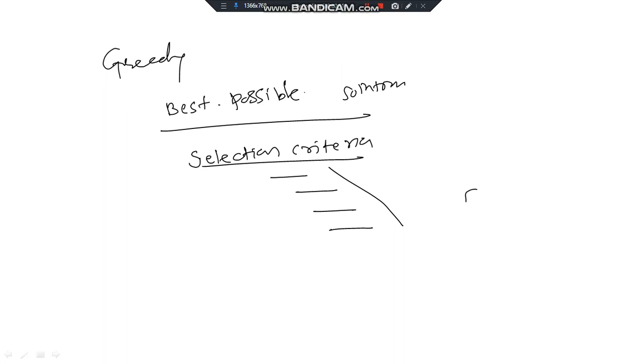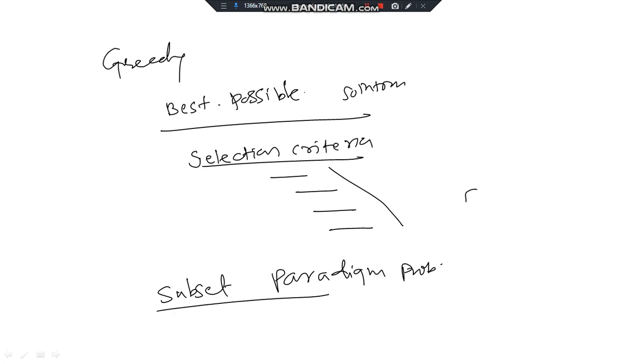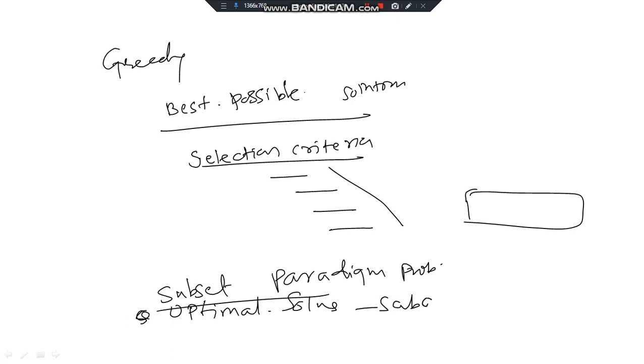Okay. Generally, this greedy method solves subset paradigm problems, wherein we want to find some subset. And second, it is also able to find optimal solutions from suboptimal solutions.